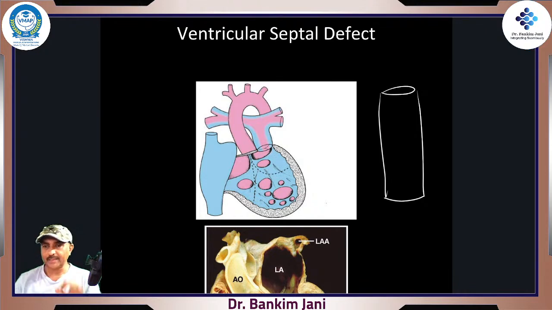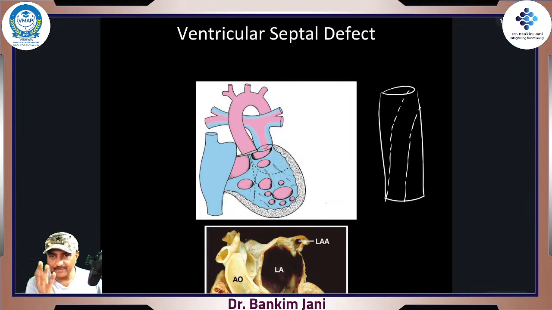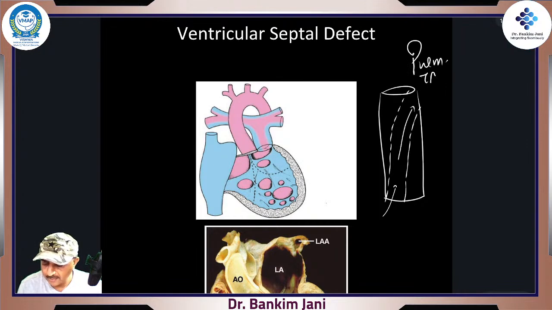The reason behind it is that initially there is a common tube. During embryology, it is a common tube. And then there is a formation of a spiral septum. You have to visualize it like this. It is like a spiral septum. As that septum develops inside it, there is formation of one tube, and that tube is your pulmonary trunk.